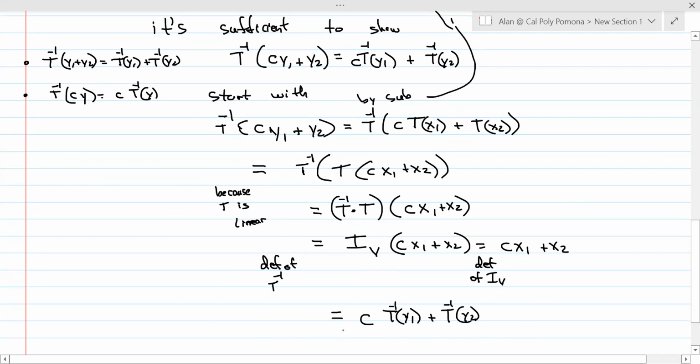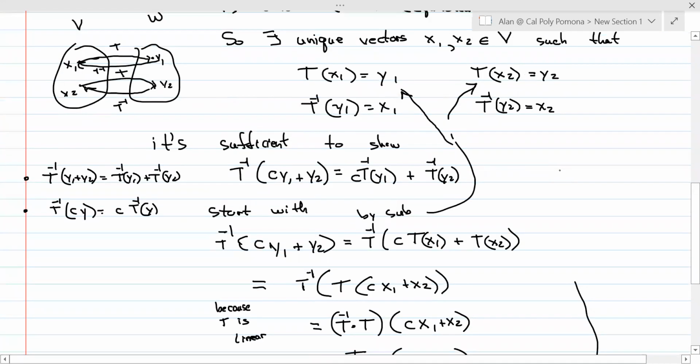And the reason for this are these two equations. This one and that one.